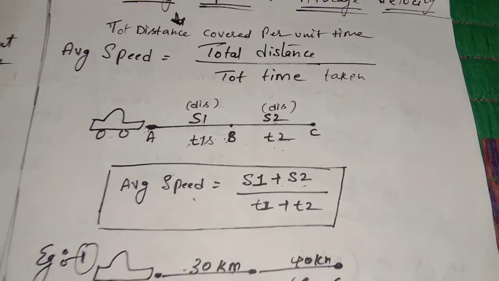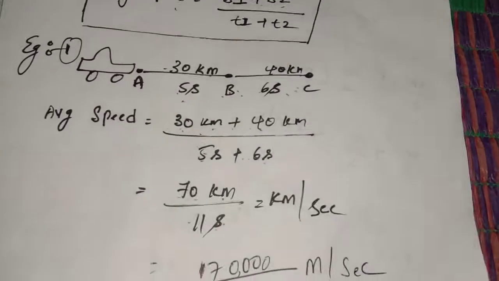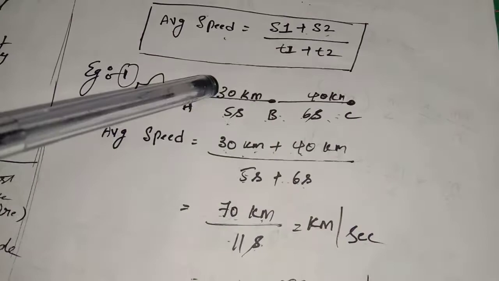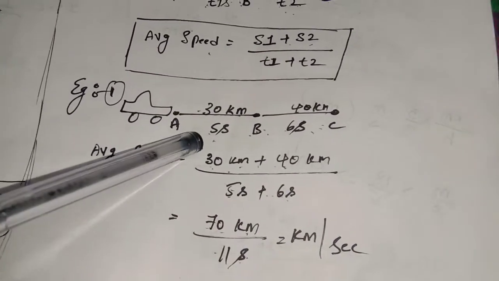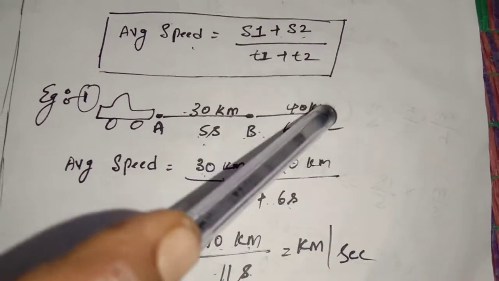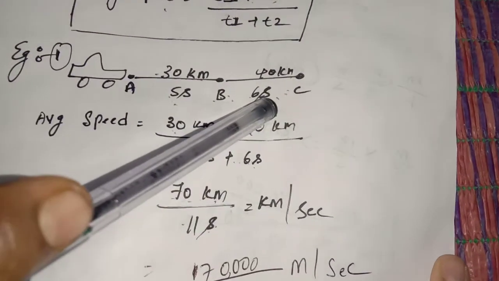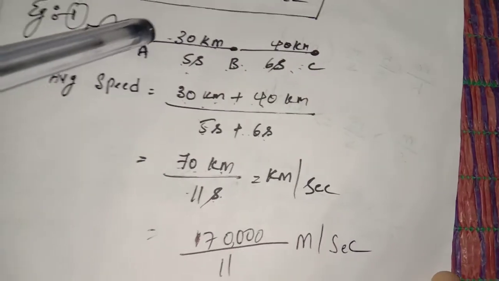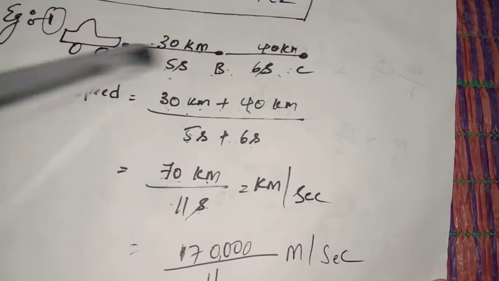Let me take one example. Here one vehicle is moving from A to B, 30 km in 5 seconds, and from B to C, 40 km in 6 seconds. What is the average speed from A to C? We want the total average.